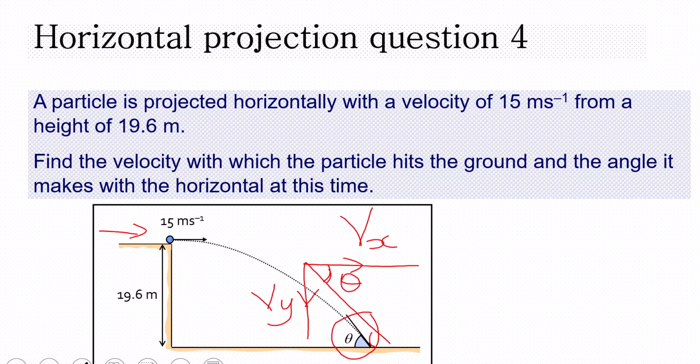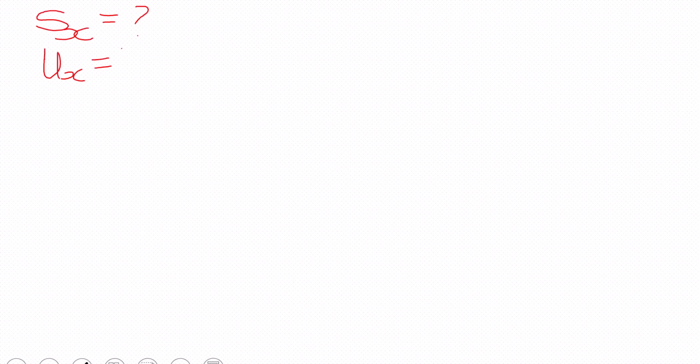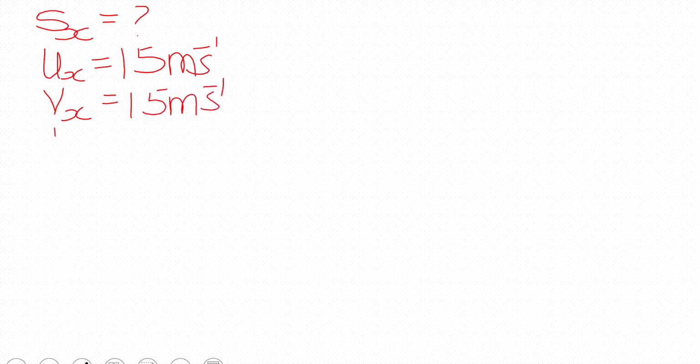Our u in the x will be 15 meters per second. Our v in the x will be the same, 15 meters per second. Our t we do not have. Our acceleration will always be 0 meters per second squared.